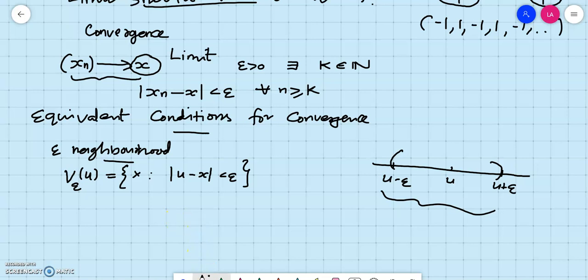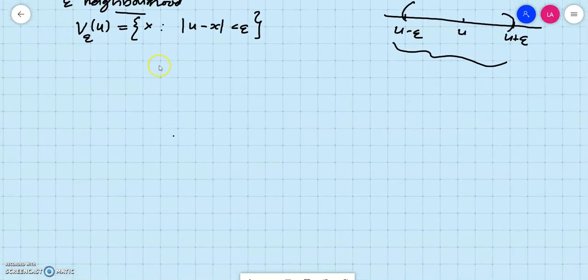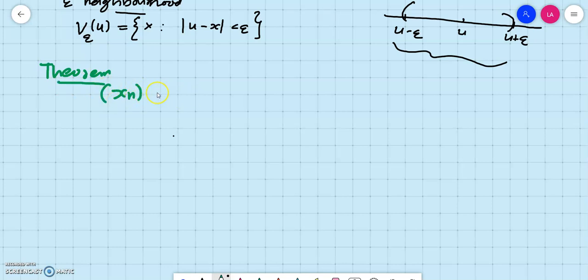So we have enough tools to define our equivalent conditions. We are going to establish an equivalent condition for convergence. Our theorem states: let xn be any real sequence, meaning that all the terms of the sequence belong to the real numbers.